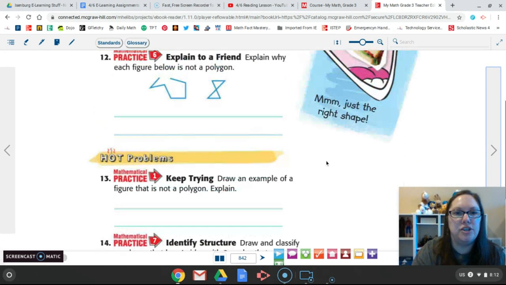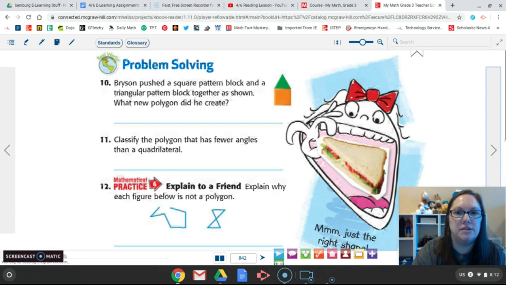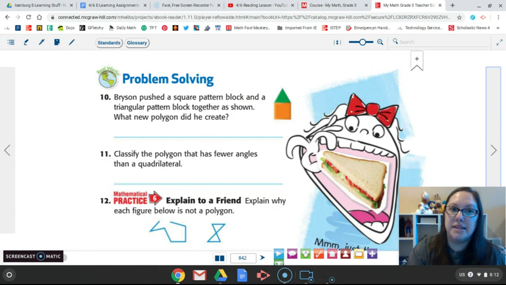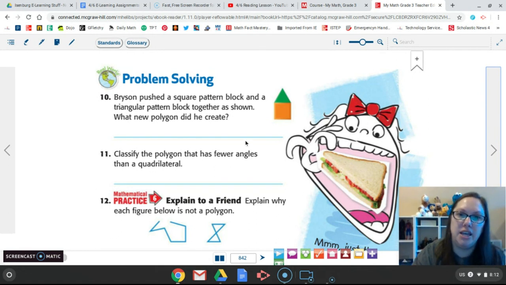Let's go to page 842, because these are some of the problems that I like that make us think. It says, Bryson pushed a square pattern block and a triangular pattern block together as shown. What new polygon did he create?